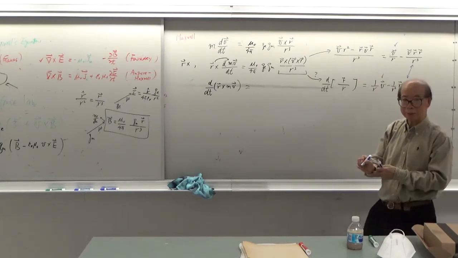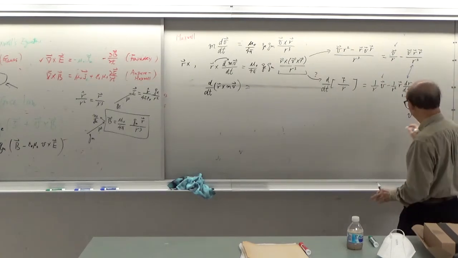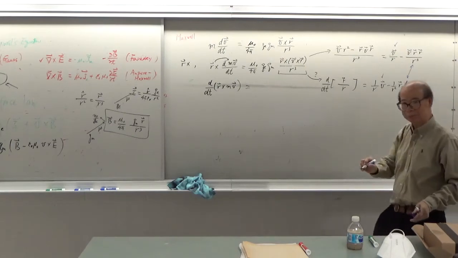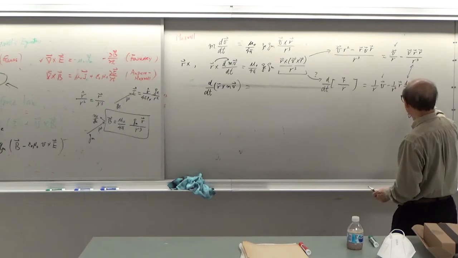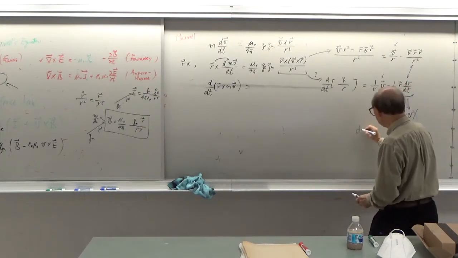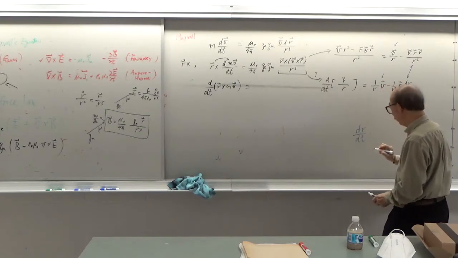If you are sleepy at night, you look at this one and you say, oh, this is the speed v. No, wrong, not that simple. r is a vector, and to figure out what d magnitude of r by dt is, you have to do the following.